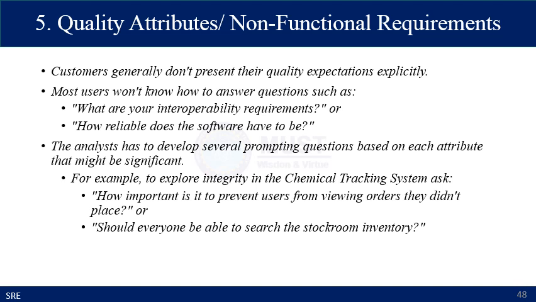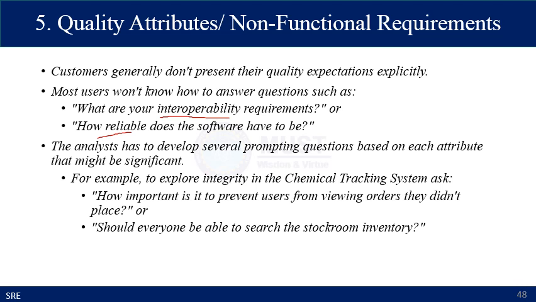So they do not have an accurate answer. They want their system to be highly reliable. However, highly is not a measurable term, and they want their system to interact with other systems, but they do not know what the other systems are.